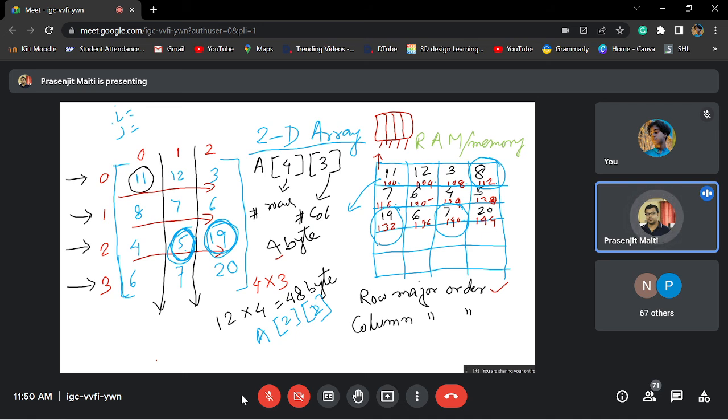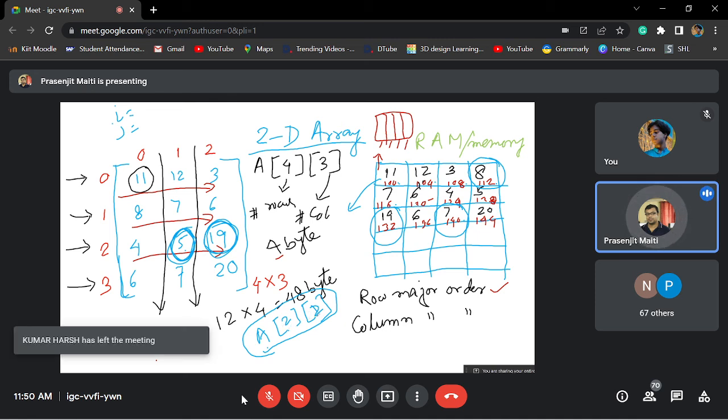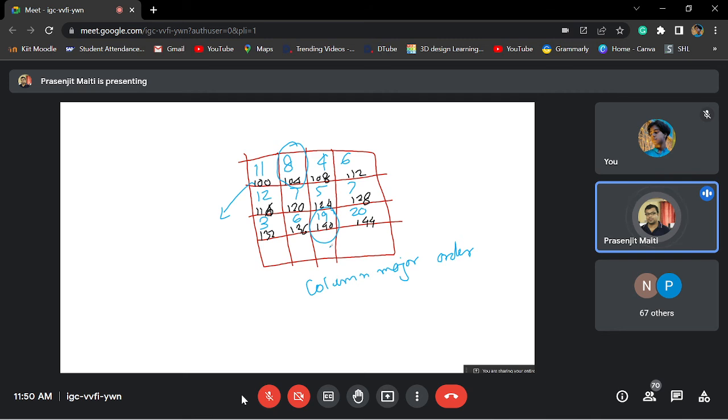In this class we will discuss how we can derive a formula using which we can find out the address of any particular element. A22 represents one element, second row, second column, element 19. If we store 19 row wise, the address is 132. If we store 19 column wise, the address is 140.